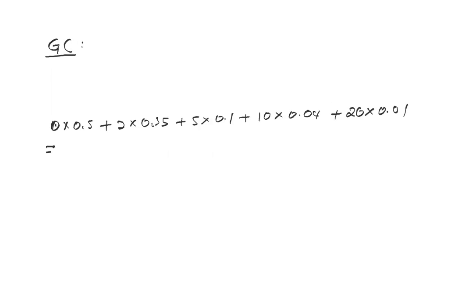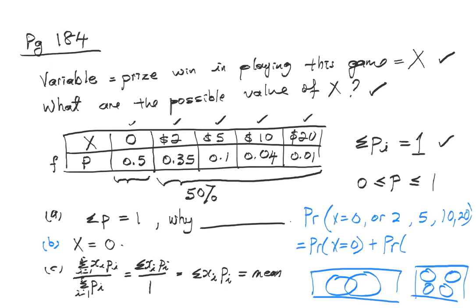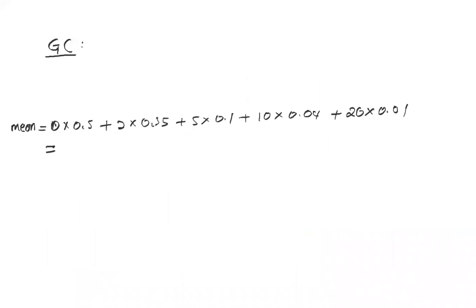So tell me what is the answer? $1.8. So can I move on? Okay, so you get it from your GC, you also get 1.8, correct?